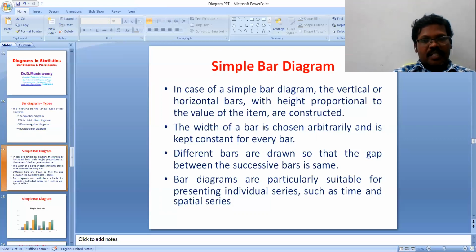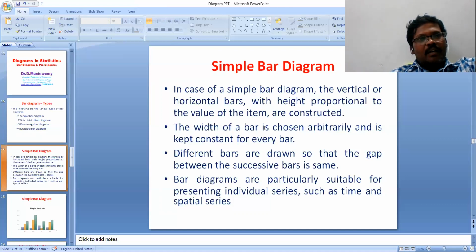In the individual series we have only x values. Since only the x values will be there, there is no comparison or other things, so we can use the simple diagram directly.